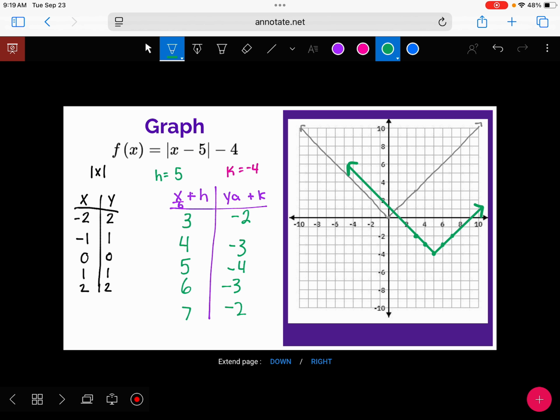Absolute values are one of the few where we actually do want to use a straight edge of some sort: calculator, edge of phone, edge of a piece of paper, ruler, post-it note, index card, anything. Absolute values are based off of straight lines. But other than that and linear equations, everything else is going to be kind of curved.